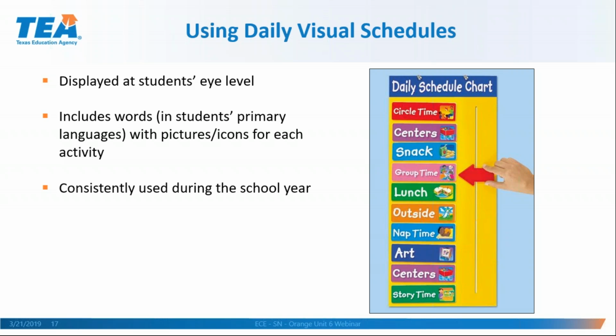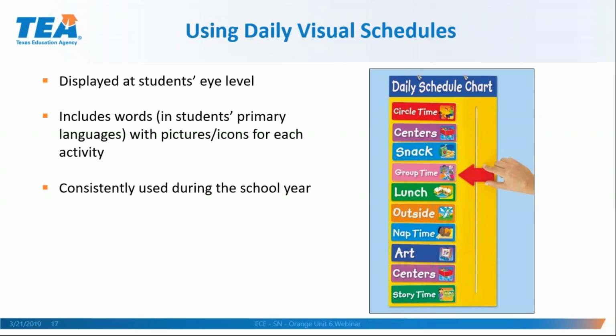A daily schedule, when used like this, should be used all the way through the year. We often find teachers use this for 1 or 2 months, but actually there are children that really use this, and they get a lot of security and comfort for being able to see, when is my mommy coming?